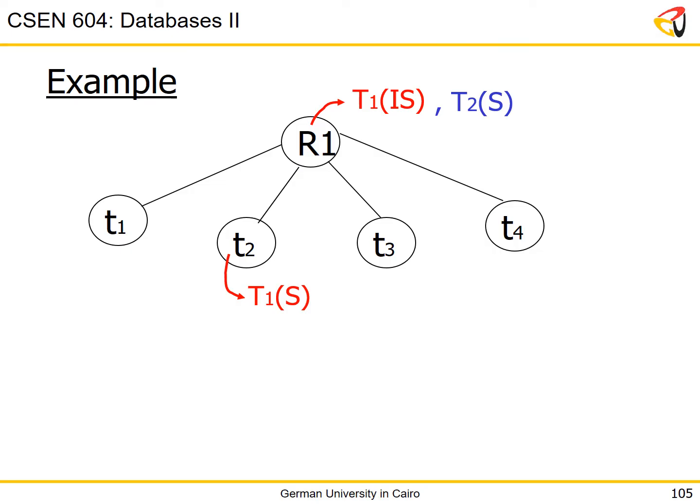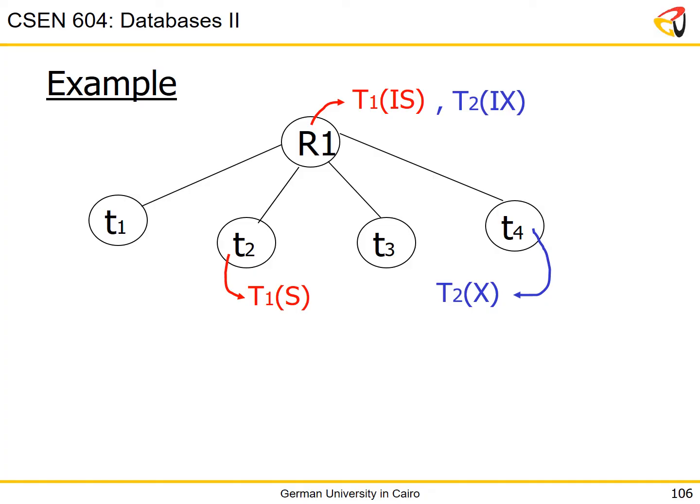Now, if another transaction comes in and is interested in reading the whole relation, it will request a shared lock right away, not an IS, not an intention, but a shared lock. This means it's going to read the whole thing, okay? So it will be allowed to do that. Now, if a transaction comes and it's going to write to a specific row, which is T4, it doesn't try to get a lock on the whole relation, but gets a lock on just T4 when it traverses the tree down to T4.